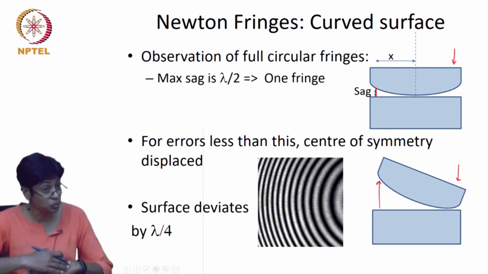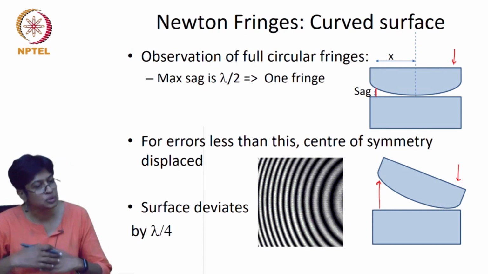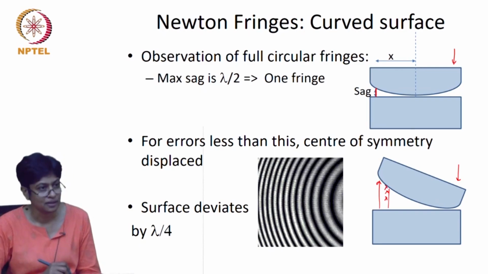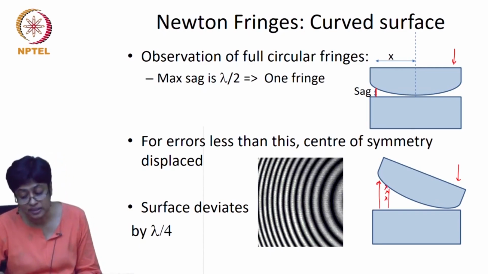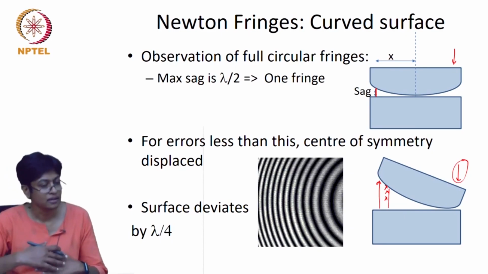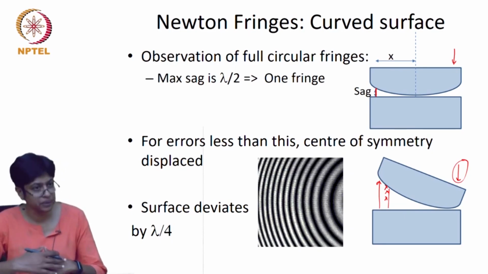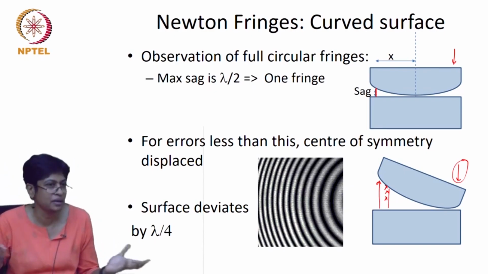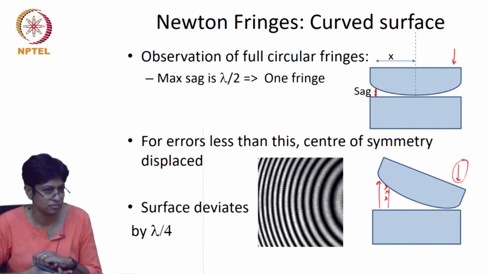It is going to move up a little bit, but that is going to add those extra lambdas in the path length. So, you will have extra lambdas here, right. And if you are doing this in a known way, you can say that I have applied this much pressure, then you see these fringes and you will get some idea about the type of surface.